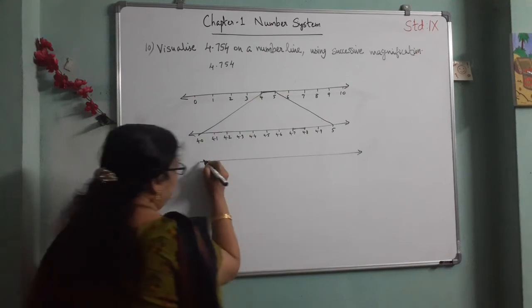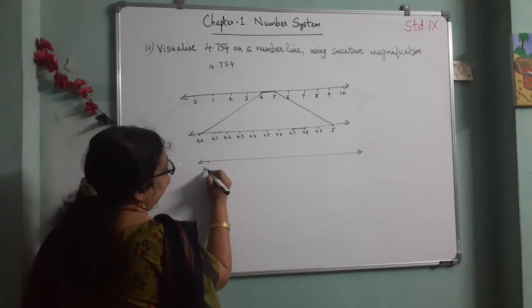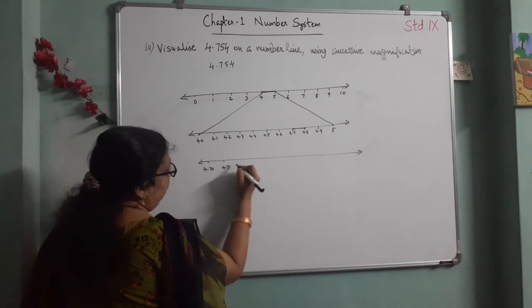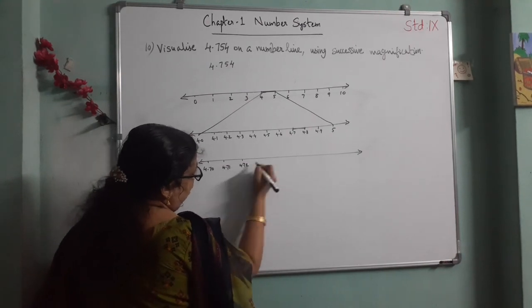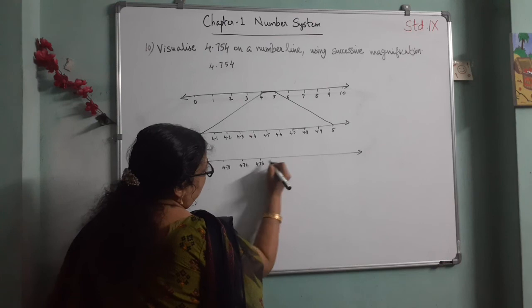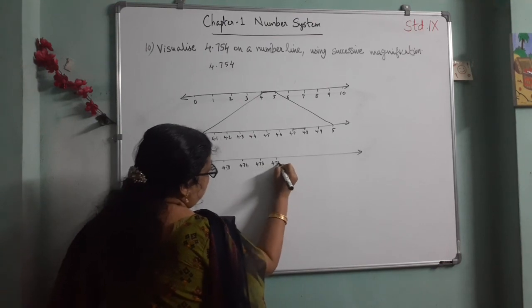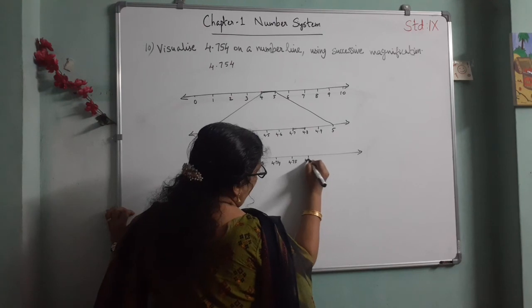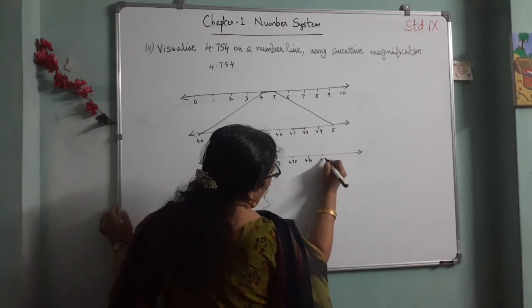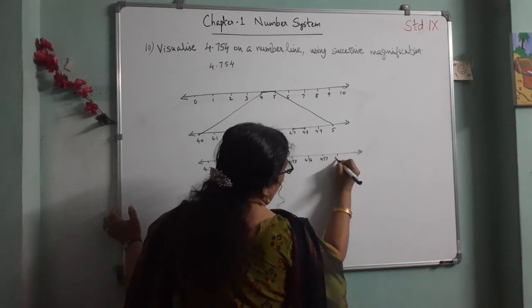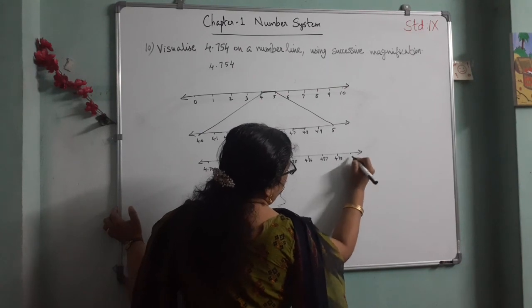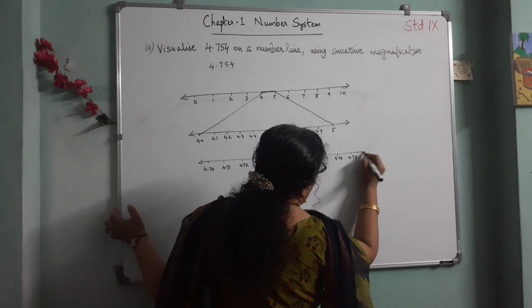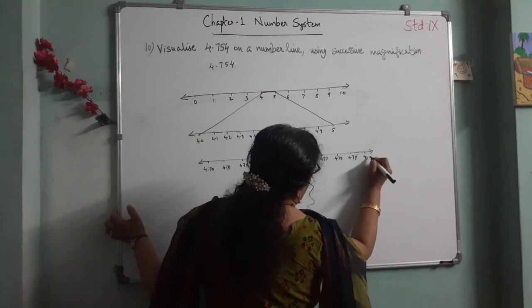Again we draw the number line, and this is 4.70, 4.71, 4.72, 4.73, 4.74, 4.75, 4.76, 4.77, 4.78, 4.79, then 4.8.